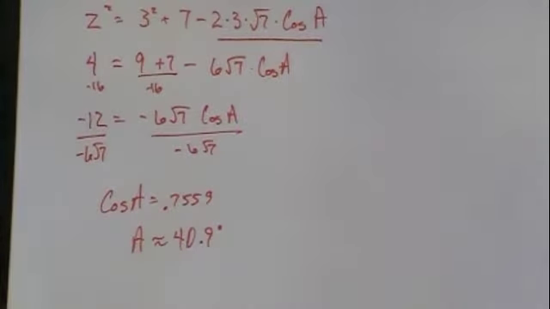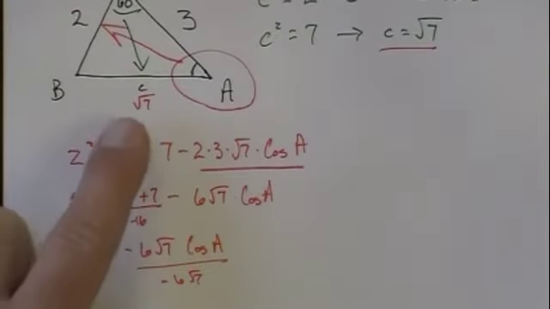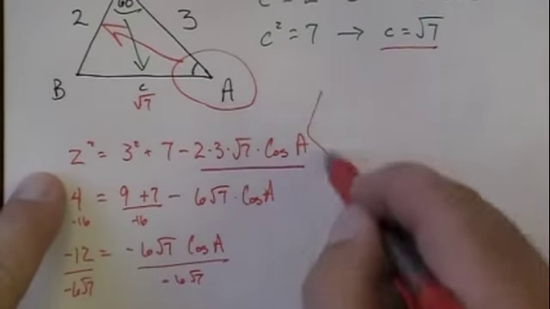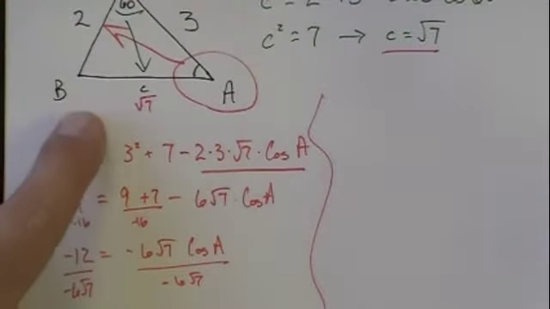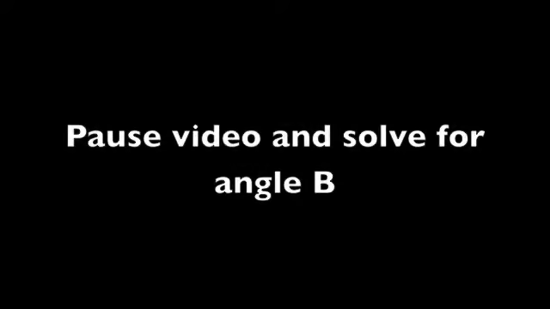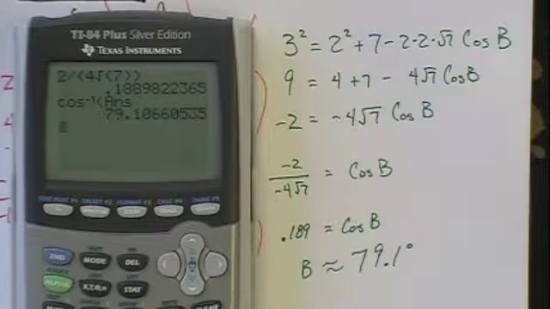So a lot more steps when solving for an angle. Now we can, at this point, use law of sines to find angle B. Or if we want for practice, let's go through, set this up, and do the same thing for angle B, and then we'll check our work. So now in checking your work, remember it's critical how we set this up.